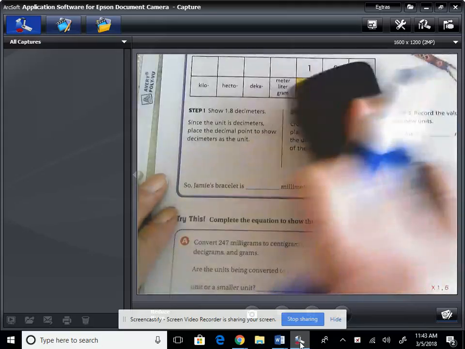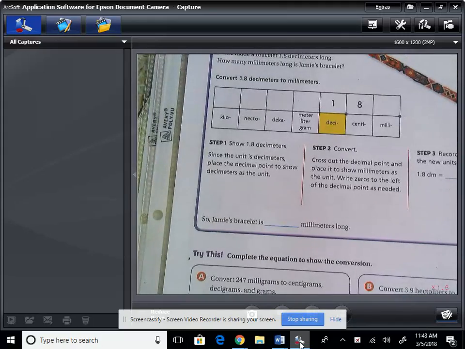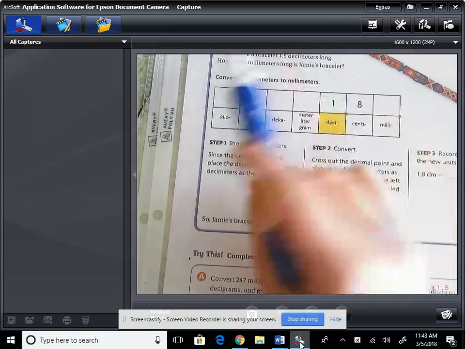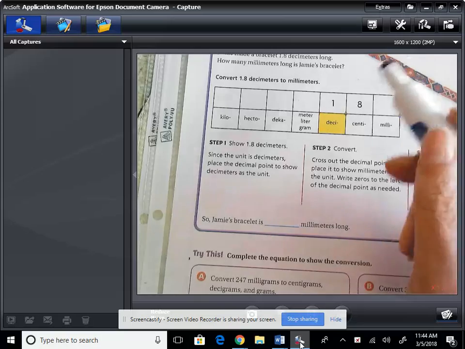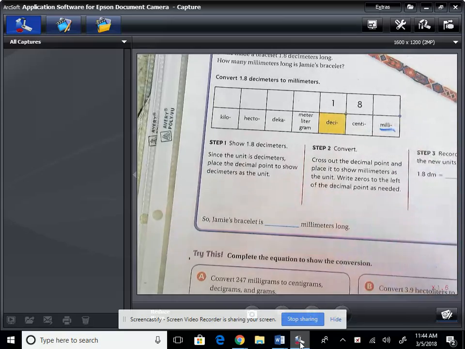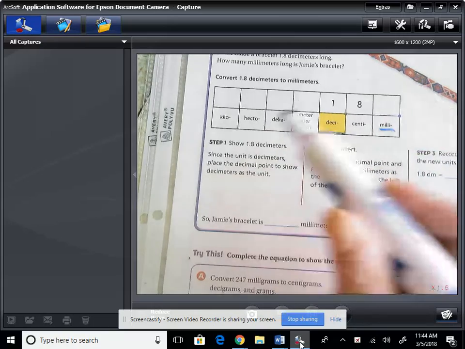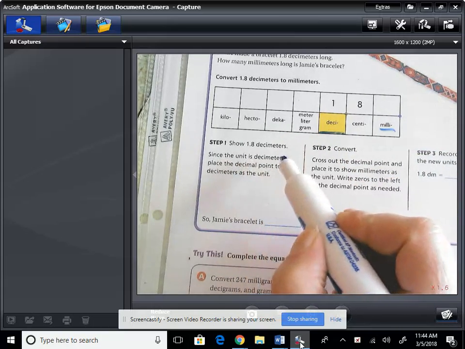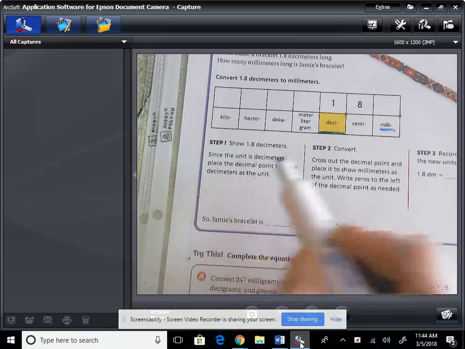All right, so Jamie made a bracelet that is 1.8 decameters long. How many millimeters long is that? Okay, so we're going to the milli, and so we're at deca. Place the decimal point to show the decameters in the unit.